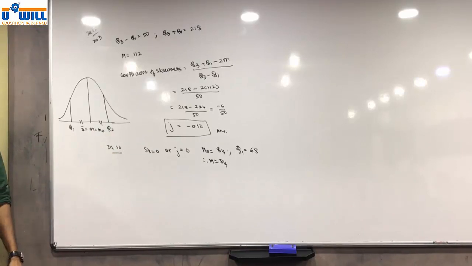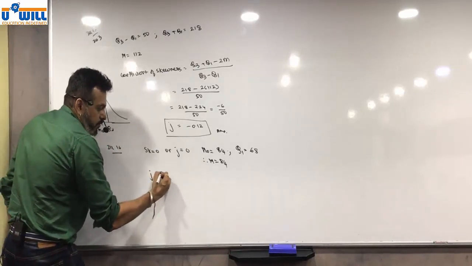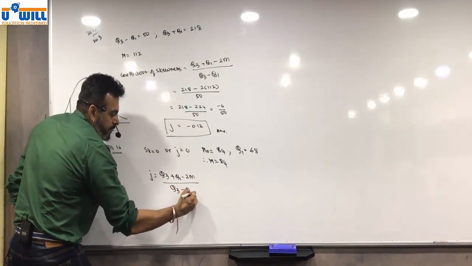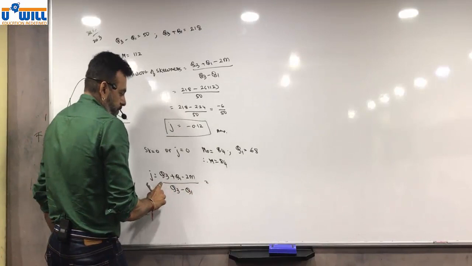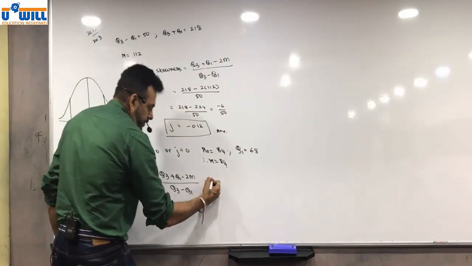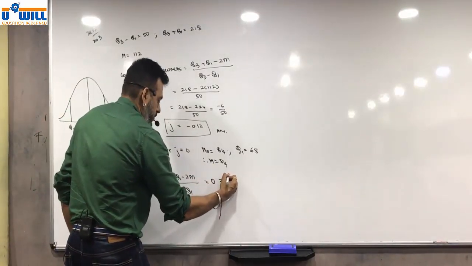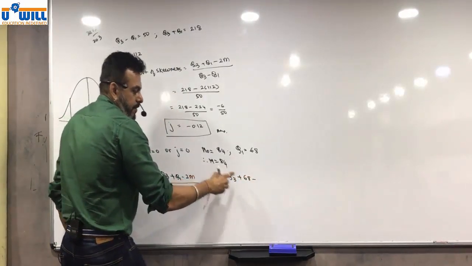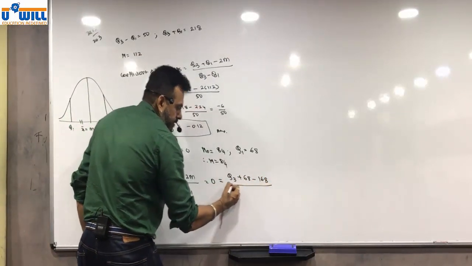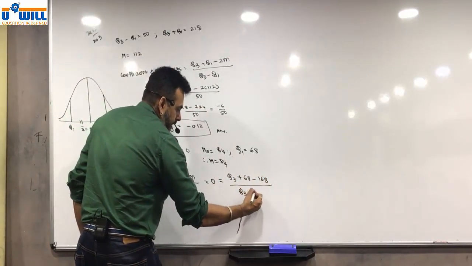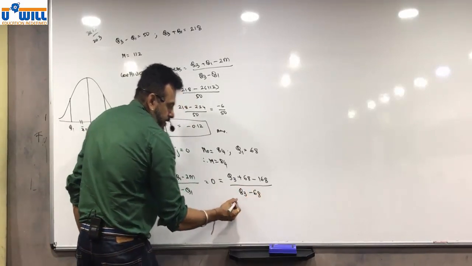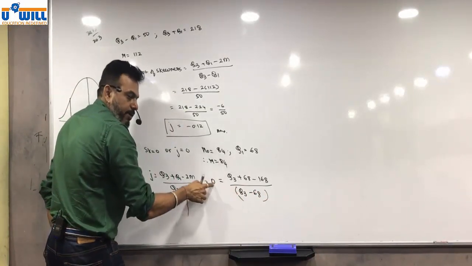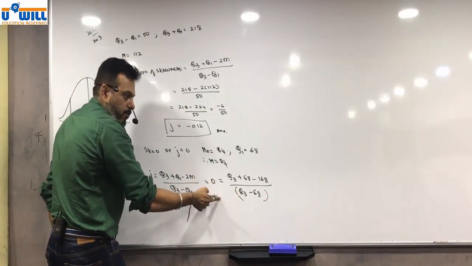Understood this? Okay. Now J is equal to (Q3 plus Q1 minus 2M) upon (Q3 minus Q1), which is equal to 0, which is equal to (Q3 plus 68 minus 2M), so minus 168, upon Q3 minus Q1, which is 68. Now this denominator goes to the other side, and multiplying gives 0, obviously.